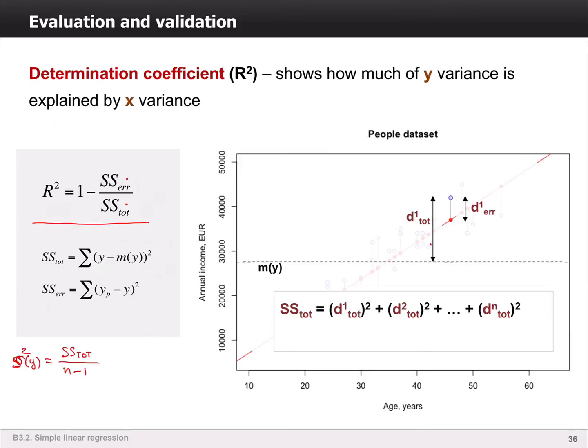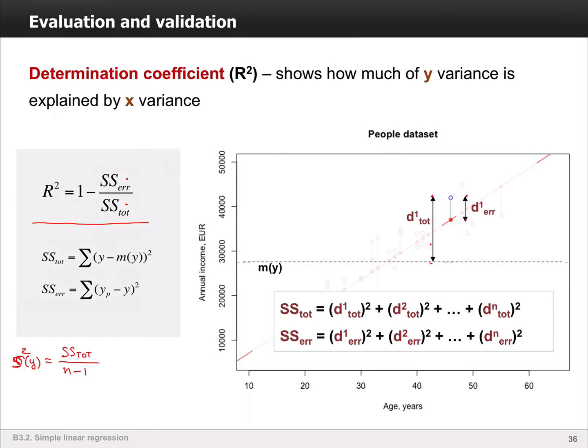So that's a variance for y. So the sum of squared distances between the average value and the real y values gives us almost a variance for y. We just need to average it, right? Now let's take another sum. Let's take these distances, the errors, and also square them, because we are interested only in absolute values, and take a sum.